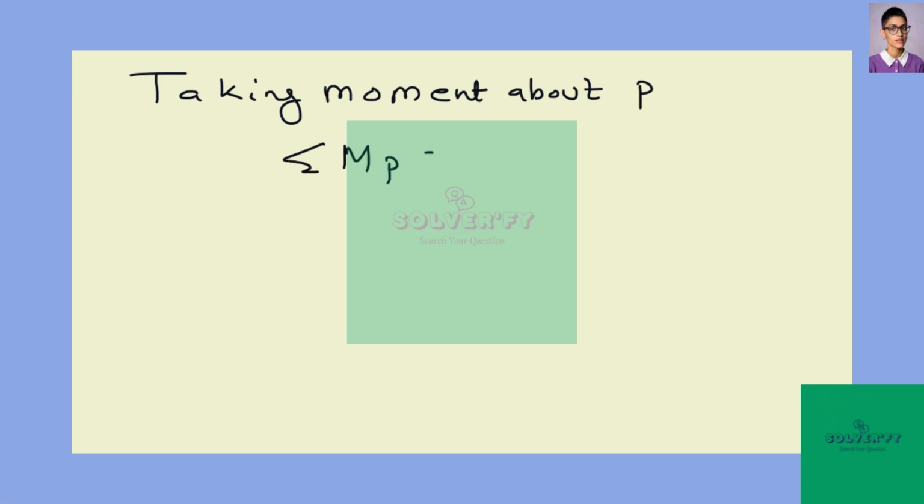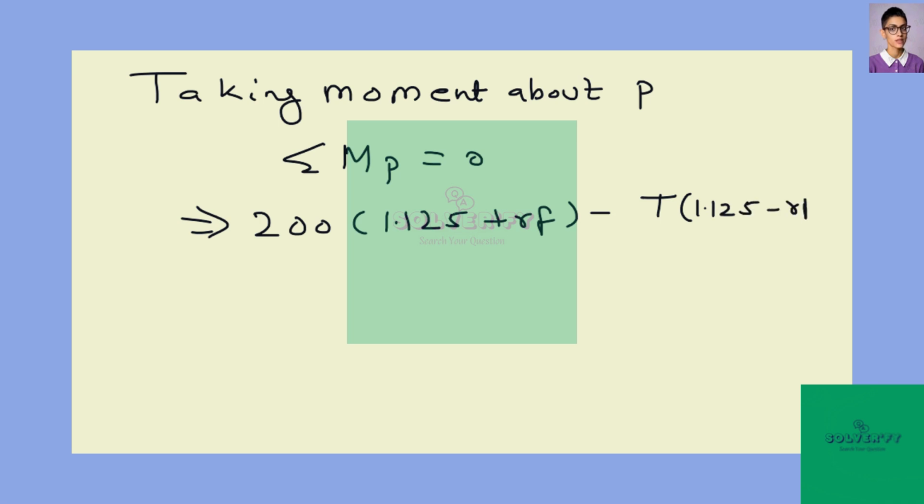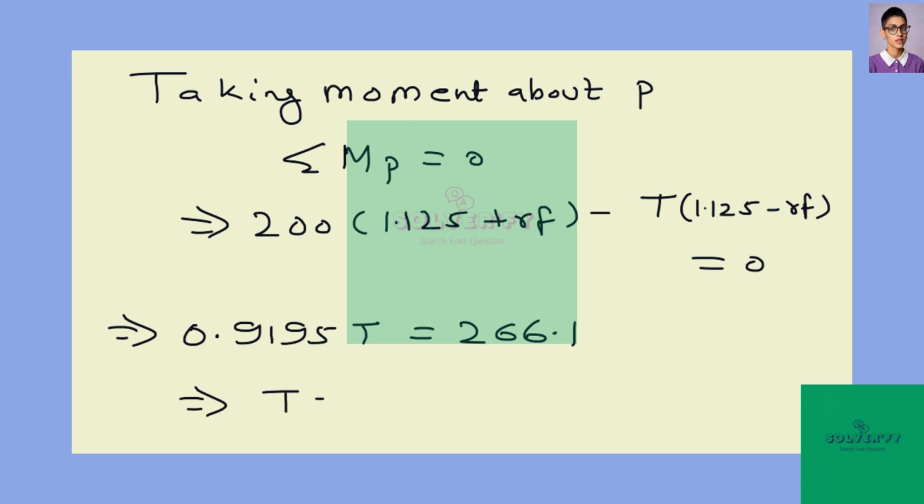On going further, we can take moment about point P. So, summation of MP is equal to 0. On writing the equation as I am writing here, and we will solve this equation to get the value. So 0.9195 T is equal to 266.1.